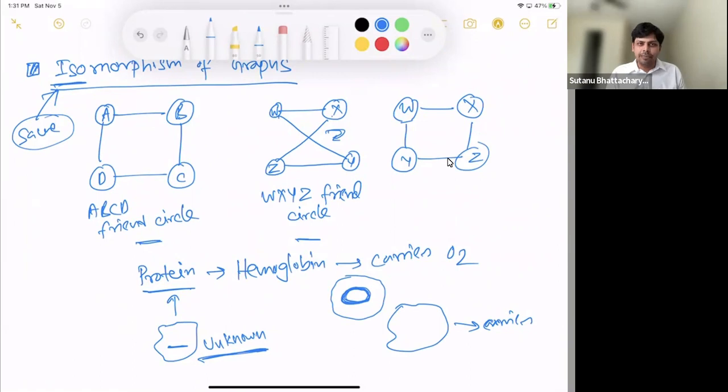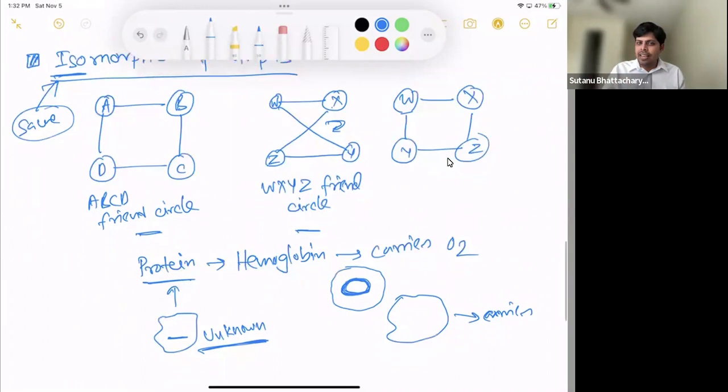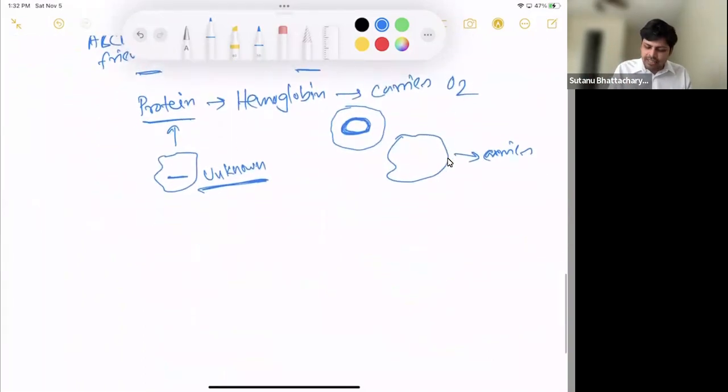No efficient algorithm exists. But we can give you some conditions. If that condition doesn't hold, then we can say that these two graphs are not isomorphic. So we can have a couple of conditions. If two graphs don't satisfy those, then we can say, okay, they are not isomorphic. That we can say. So let's talk about those conditions.